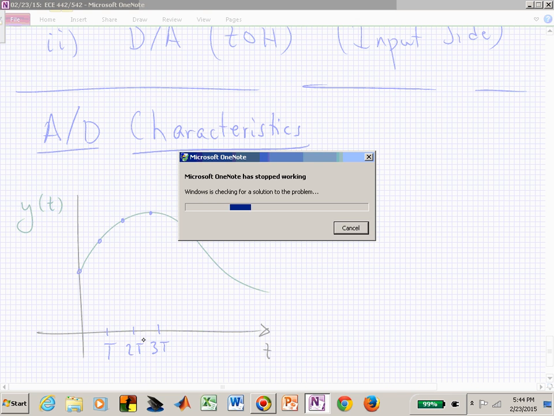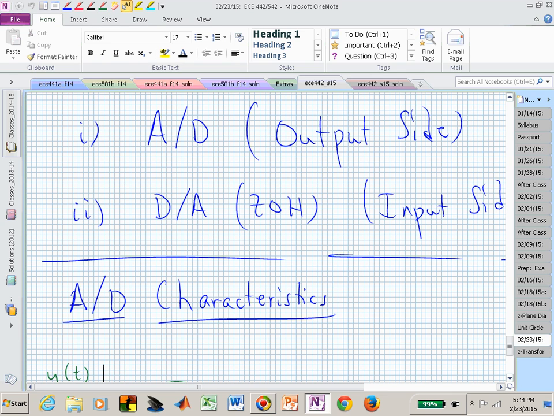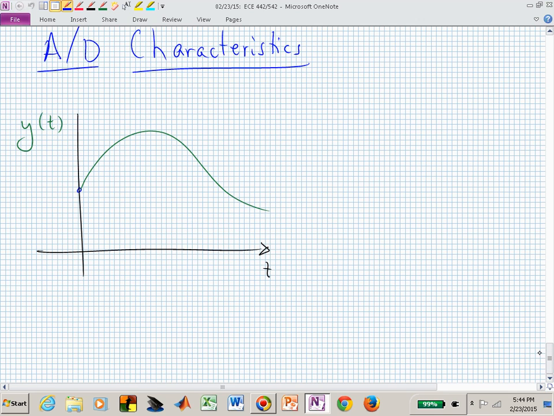I've lost my samples, but I can pretty quickly put those back in. You wouldn't necessarily want to be sampling at that large an interval, capital T, but there's T, 2T.